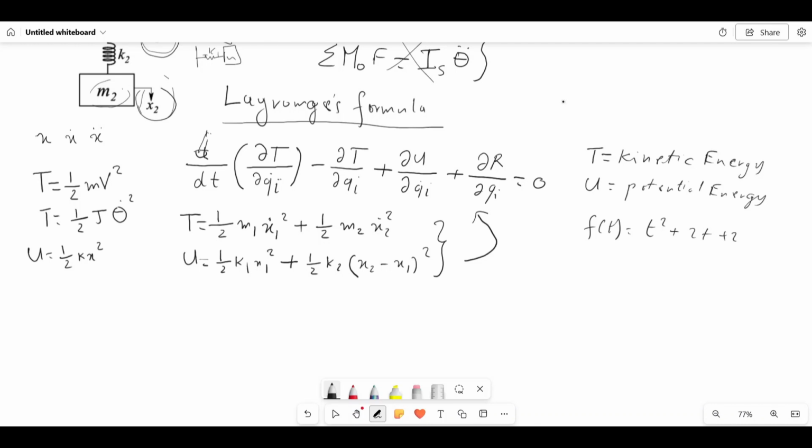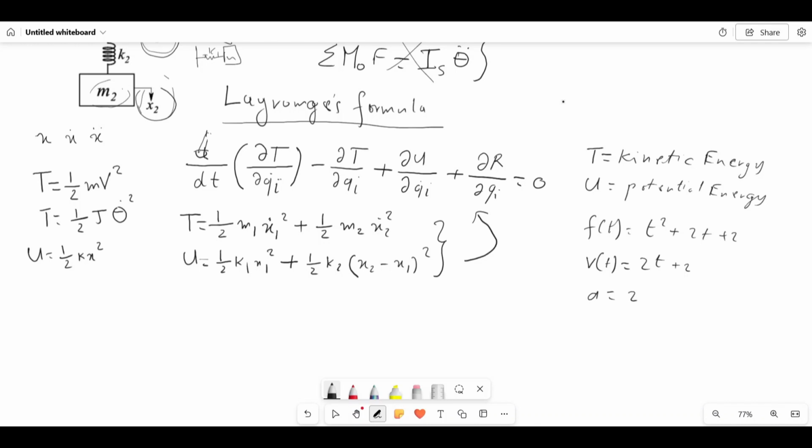Just a random example. And they said, get the velocity. What do we do? We differentiate, right? If we differentiate this function, we get velocity, which is 2t plus 2. If we differentiate again, we get acceleration, which is 2.